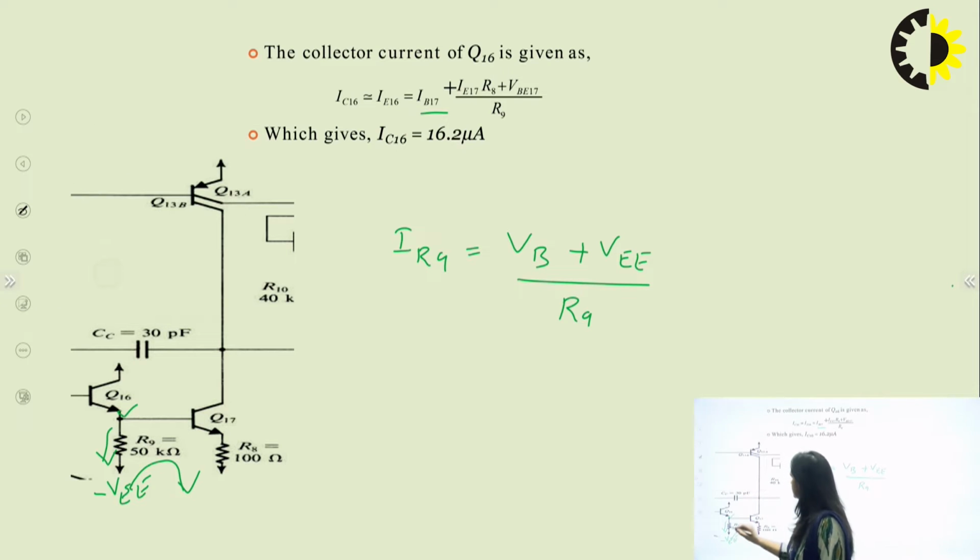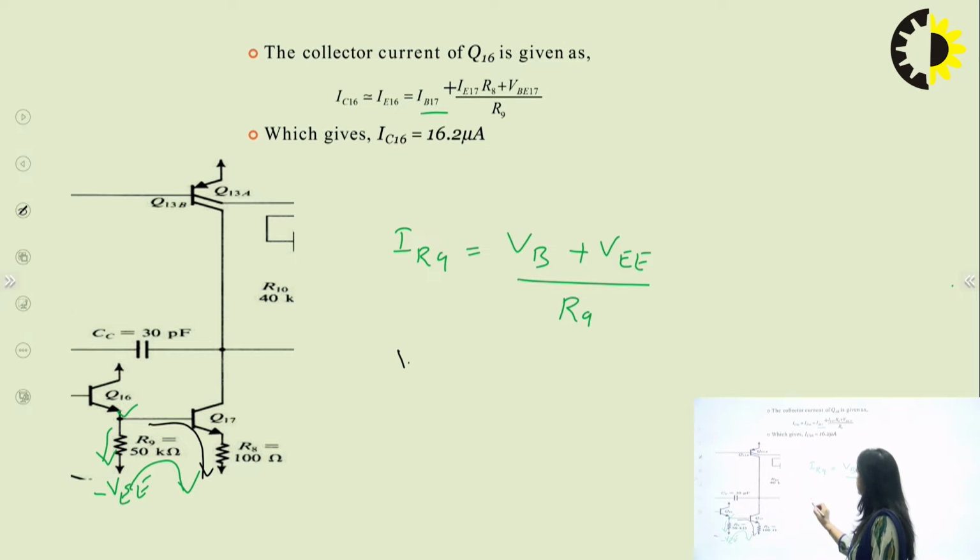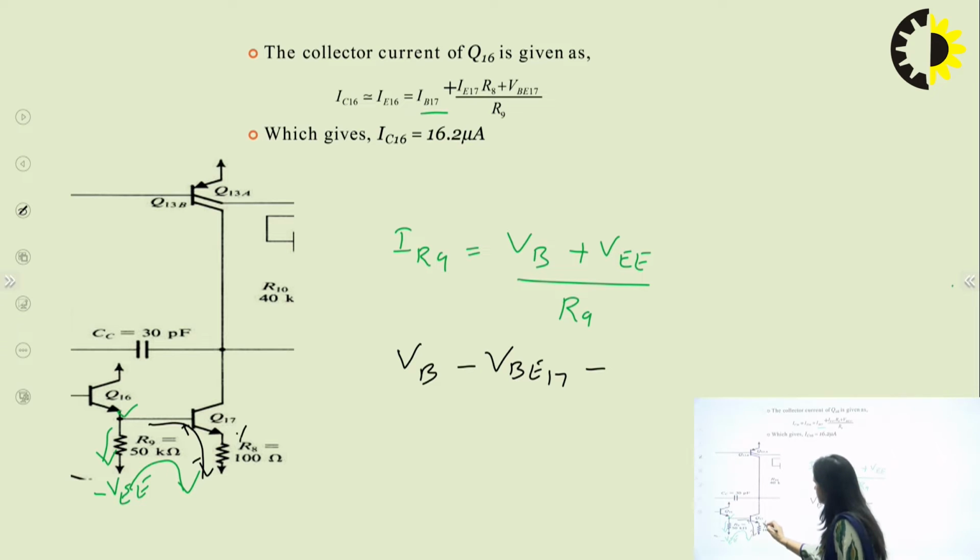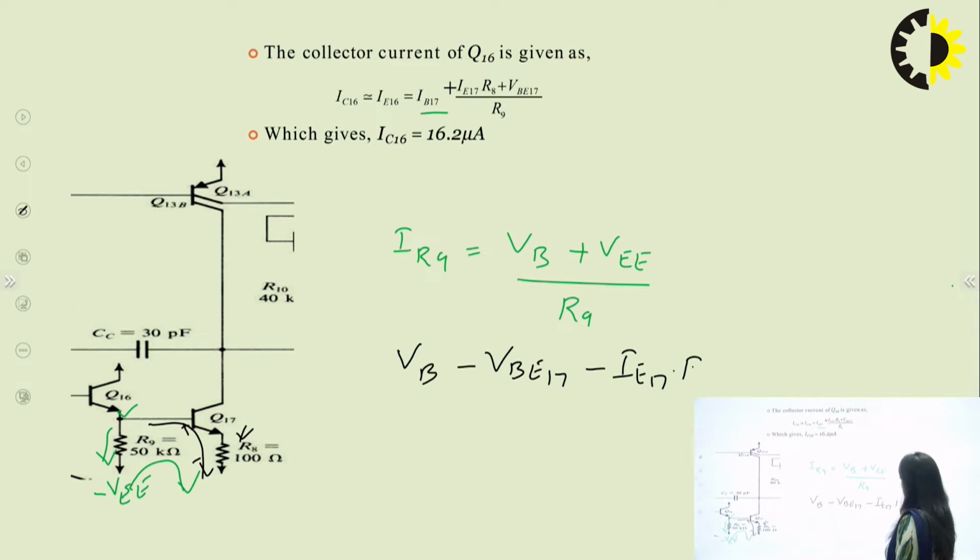So we can write VB minus this voltage VBE17 minus IE17 into R8, and again this node is connected with minus VEE, so that will be equal to plus VEE.